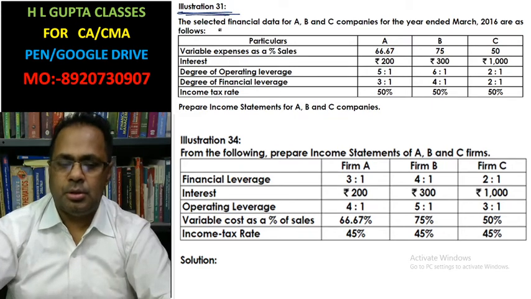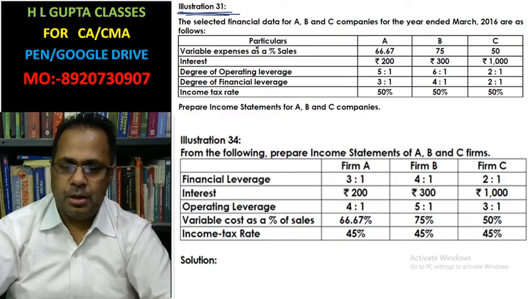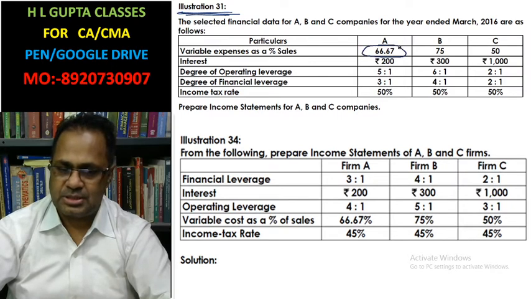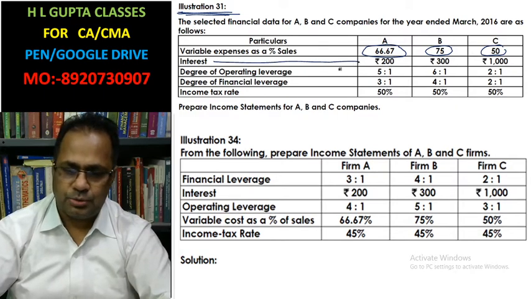The selected financial data of A, B and C companies for the year ended March 2016 are as follows. Particulars. Variable expenses as a percentage of sales: 66.67%, 75%, and 50%. Now, the interest amount is given here: 200, 300, 1000.